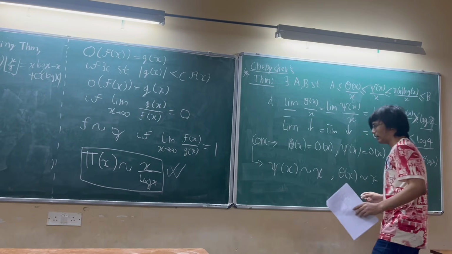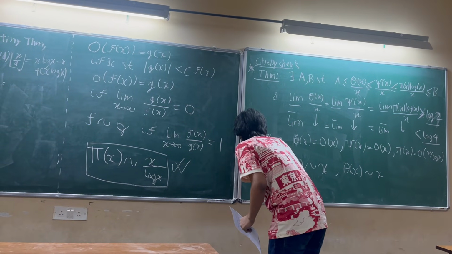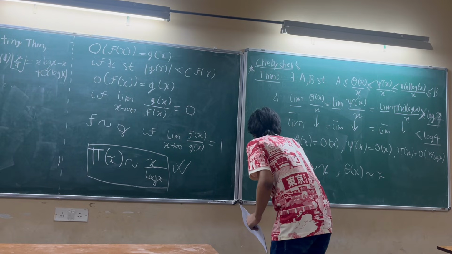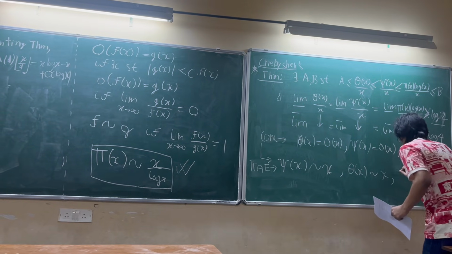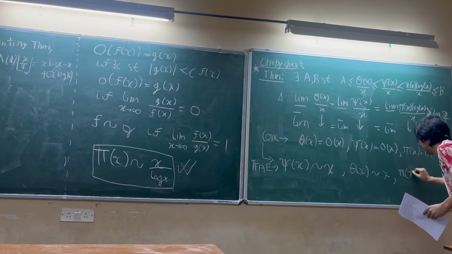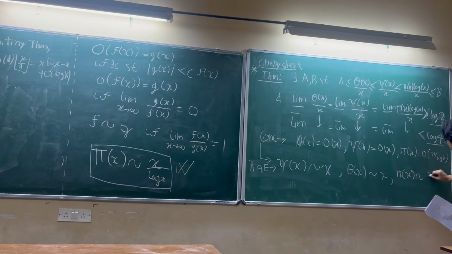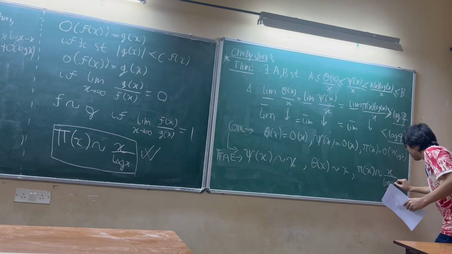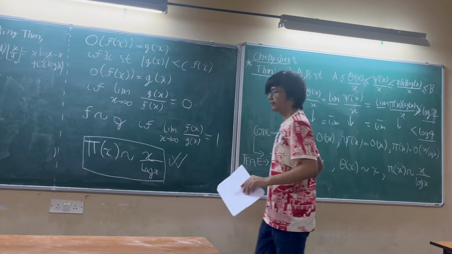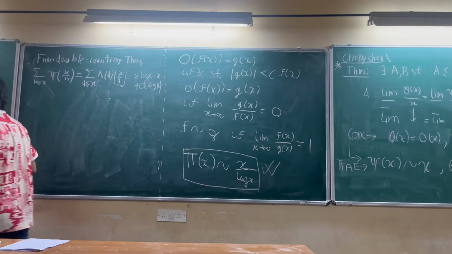And I'll write it formally as this: the following are equivalent. This, and this. So we have three equivalent statements, which is a conclusion of Chebyshev's theorem.